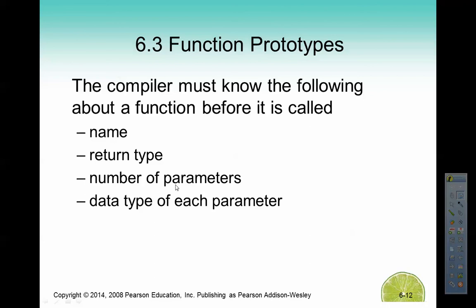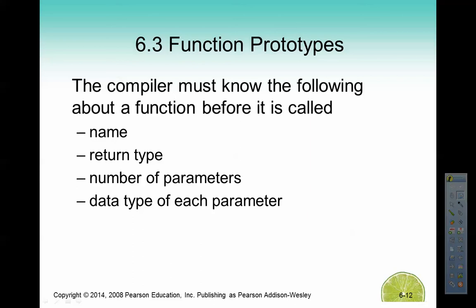I don't need to know the names that you use, but I need to give the data type of each parameter. So those are the three things that we're going to have: a name, a return type, and then the number of parameters, but the number of parameters is going to be determined by the data type of each parameter.